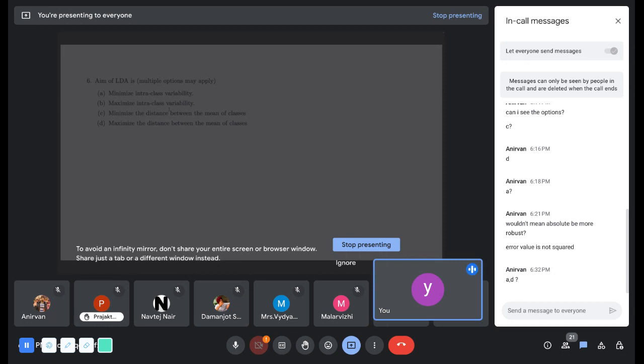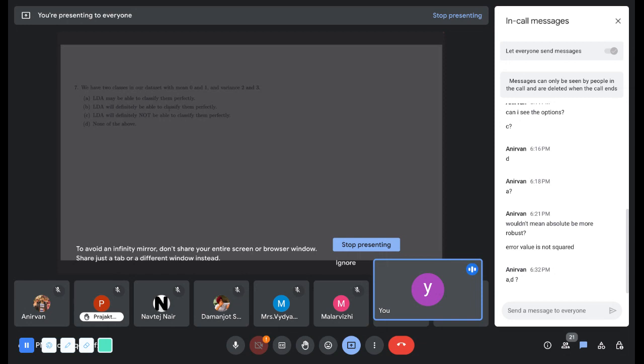The cost function itself is designed in that way.